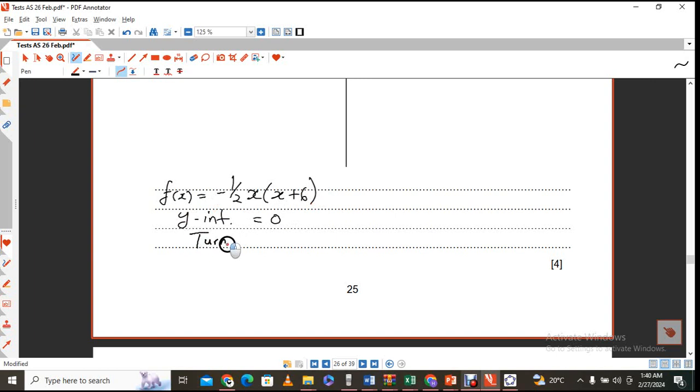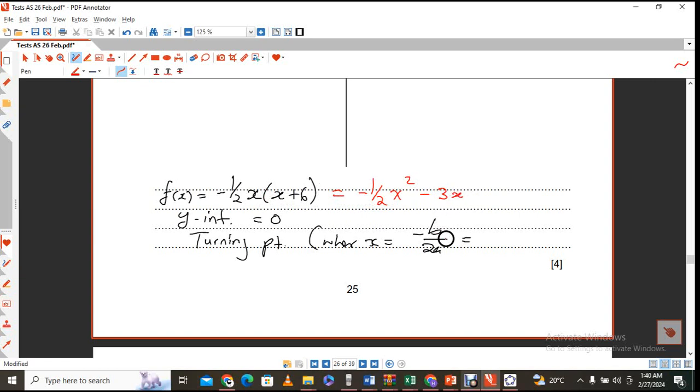The turning point would be where x equals minus b over 2a. In this particular case, if you were to multiply out the function, it will give you negative a half of x squared, and then minus 3x, since a half of 6 is 3.